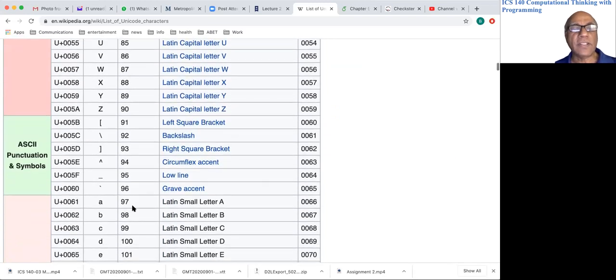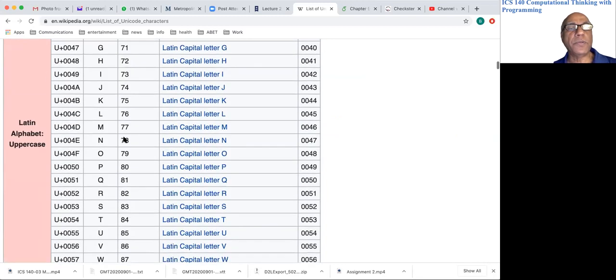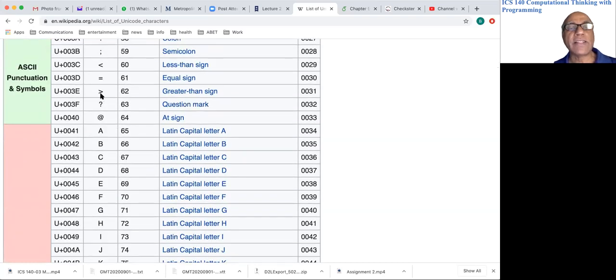You can see these things like the left square bracket is 91, the caret symbol is 94, backslash is 92, and so on and so forth. So the greater than symbol is 62. So my point is that every character that you can find on this earth has a corresponding number.